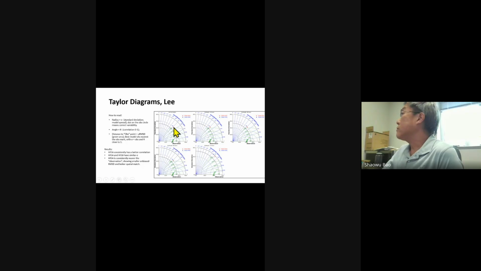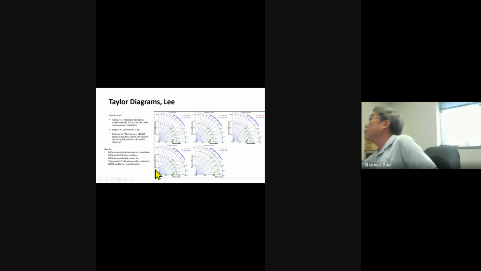And the sigma are similar between HAFS A and HAFS B. They are both around 30K.